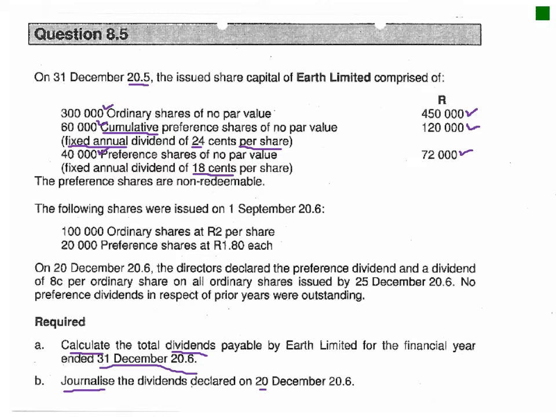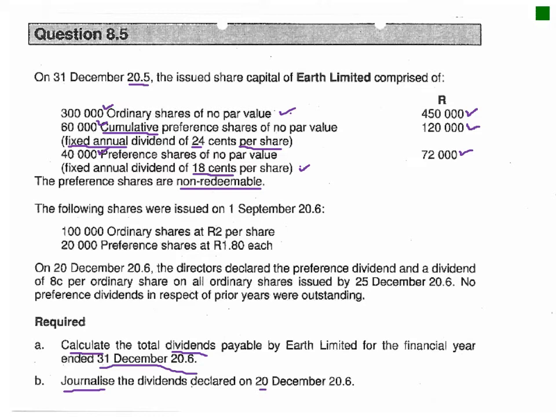These are preference shares, so they will get a dividend before the ordinary shareholders do, but they're not cumulative, which means if in one year they don't get their dividend, it will fall away and it won't accumulate. Preference shareholders, however, will always get their dividend before ordinary shareholders do. The preference shares are all non-redeemable. That means the company has made no arrangement to pay them back, which means all of these shares are equity.